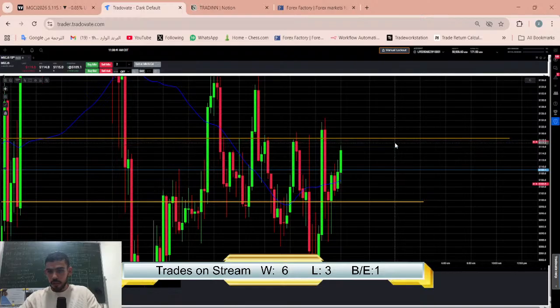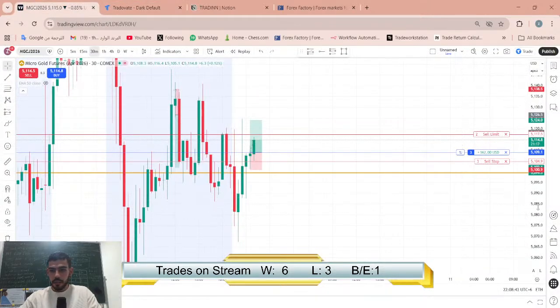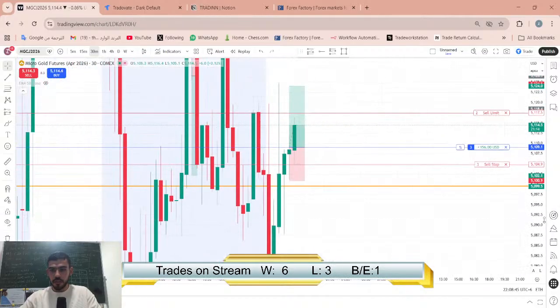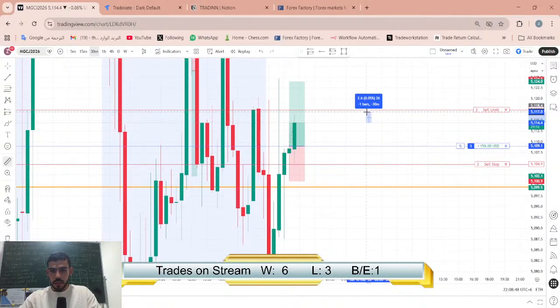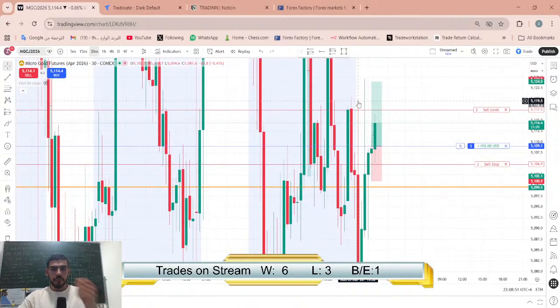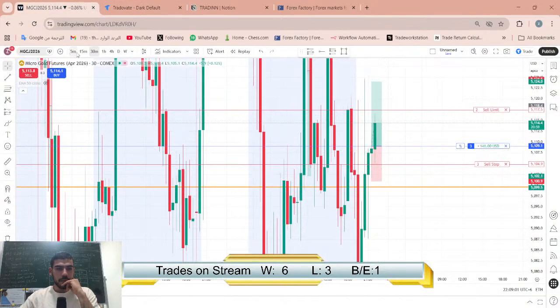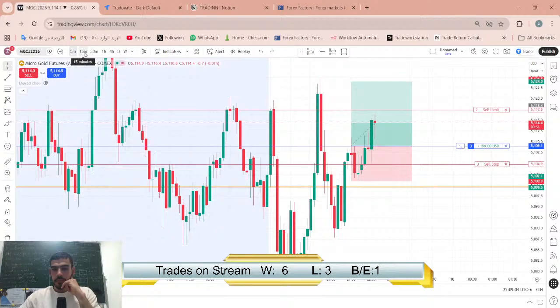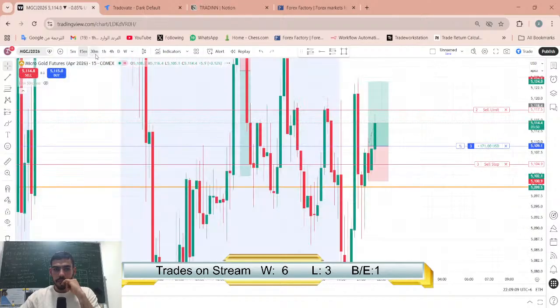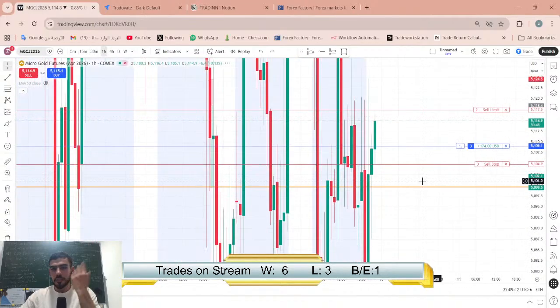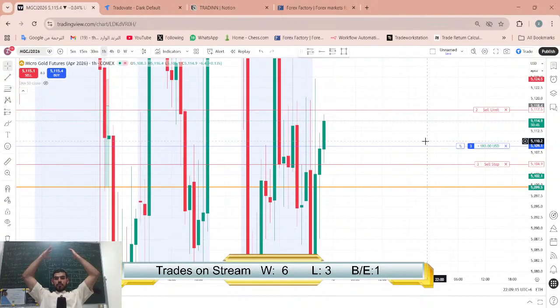Oh man, I think it's very, very close to it, but it just doesn't want to hit it. About 30 pips. One more last push is all we need. It's just not moving. Gold, just not moving.